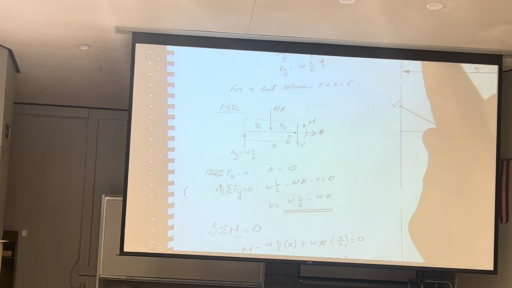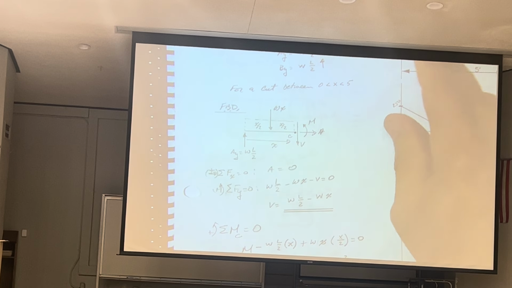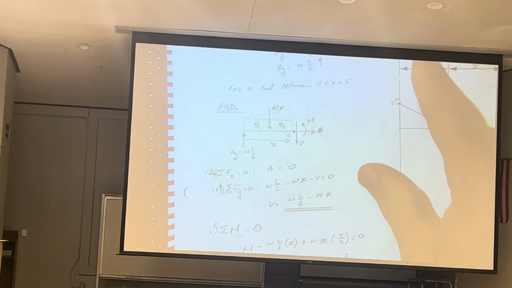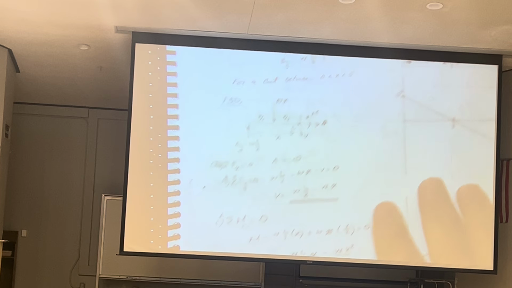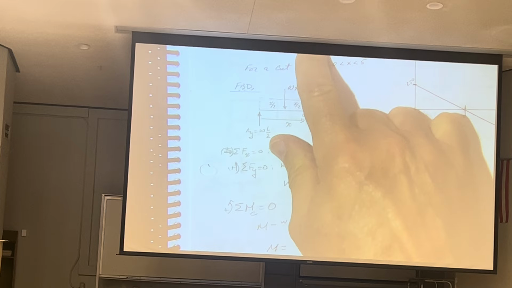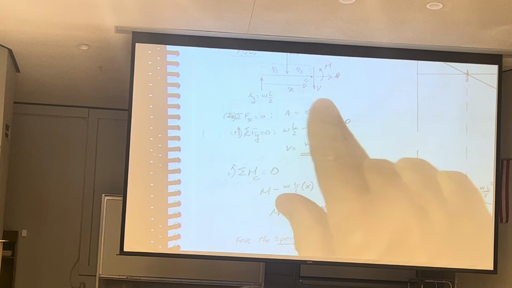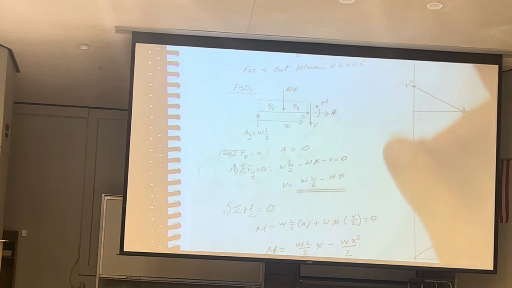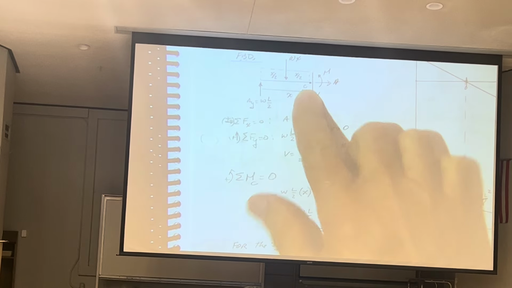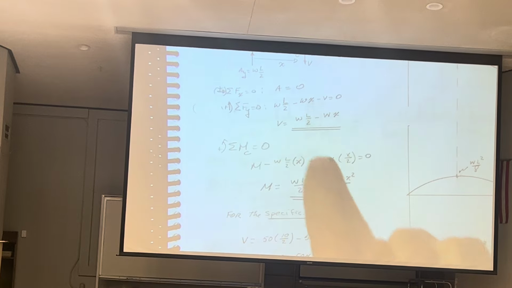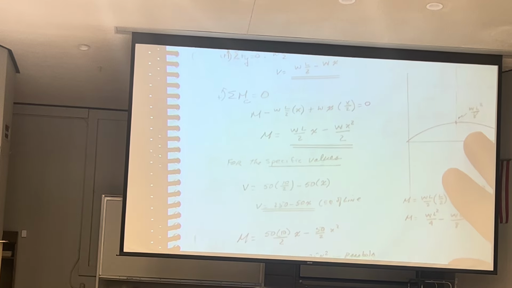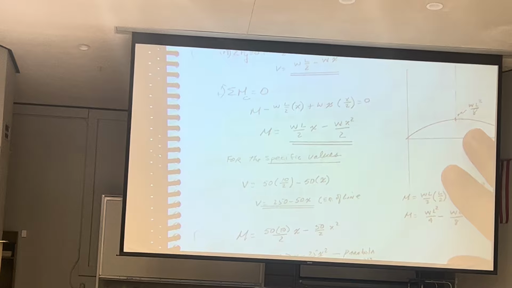And here I just said, let's write it generically. So I'm going to write W of X as 50, and I'm going to call this L over 2, L over 2. So you can see AY, BY is WL over 2, WL over 2. I'm going to make a cut here at C, and sum forces in the X, sum forces in the Y, sum moments.